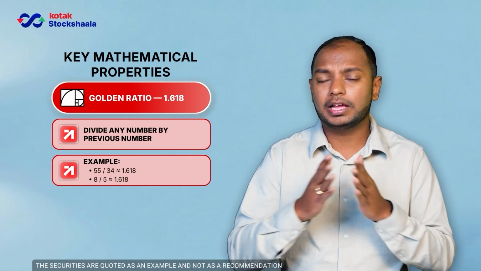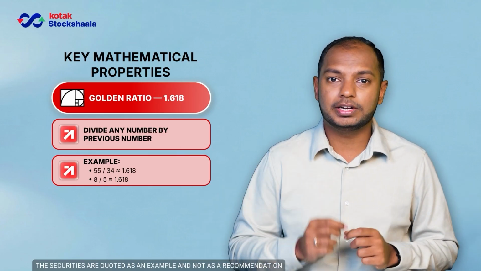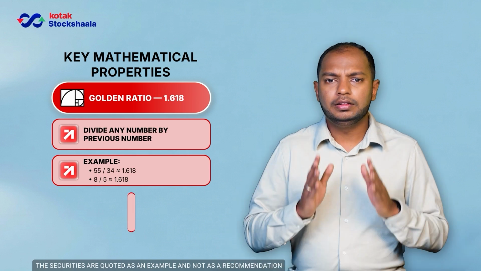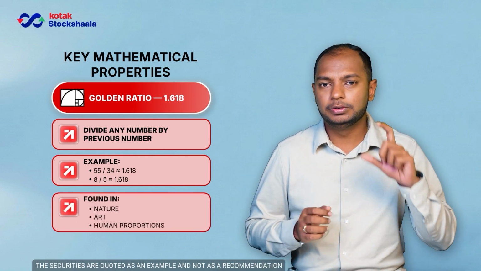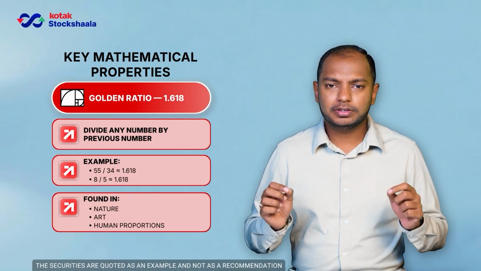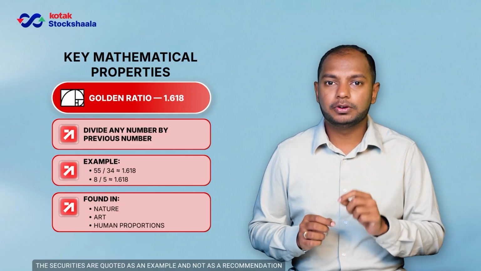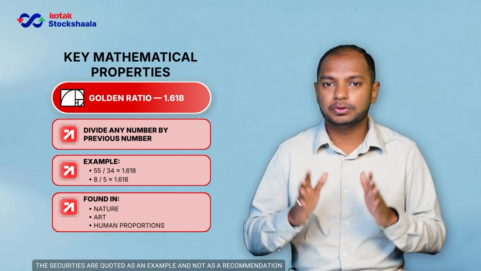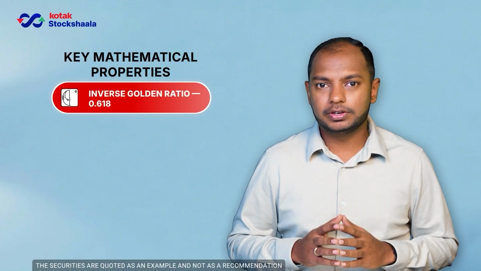You can try it out for any number in the sequence and you'll be astonished to find that this golden ratio exists. This ratio appears everywhere, including photographs, human faces, petals, and even shells. In photographs, if you have the golden ratio, that is when the photo looks most beautiful compared to other ratios.